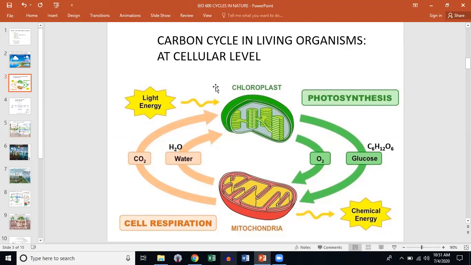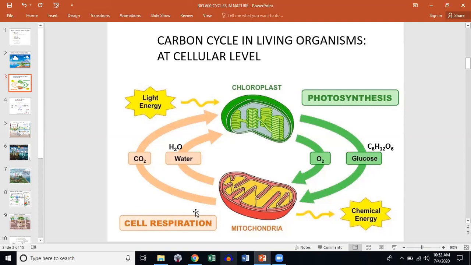All right, so chloroplasts from cells, from plant material, take up water from the soil, CO2 from the atmosphere, and through the process of photosynthesis, they generate glucose, which is a high energy carbohydrate, and as a side product, they produce oxygen.